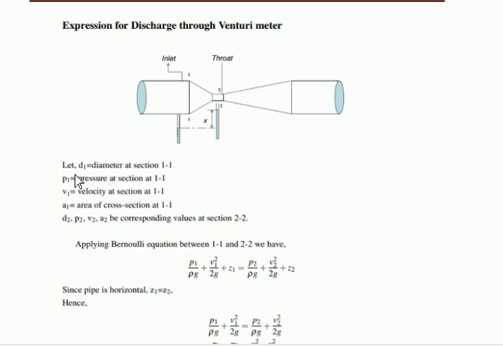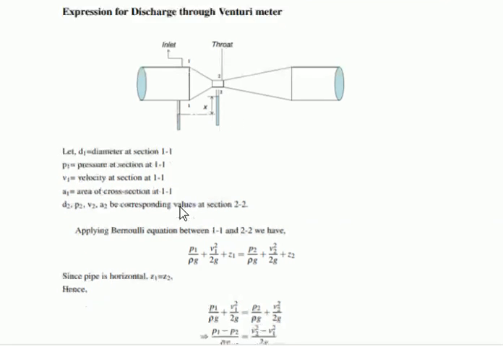These are the values with respect to cross section 1. Similarly, d2, p2, v2 and A2 be the corresponding values at cross section 2.